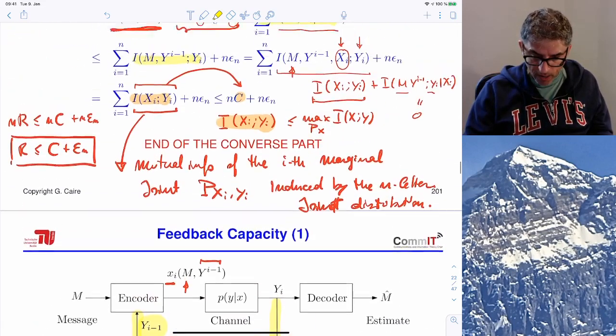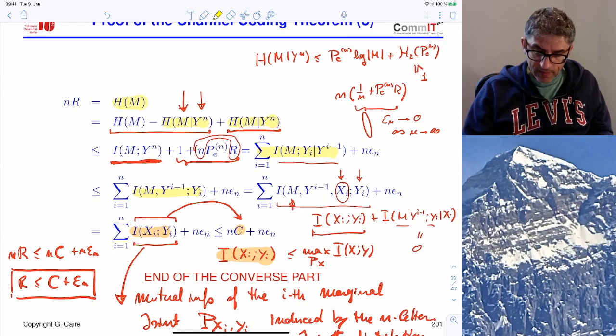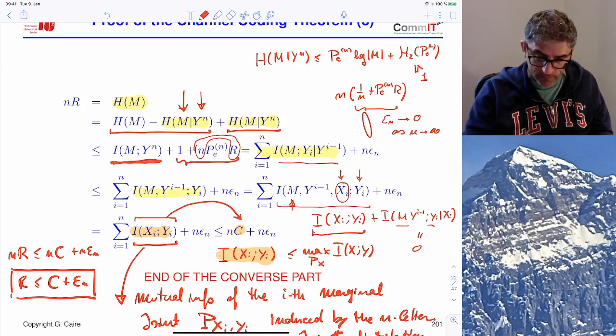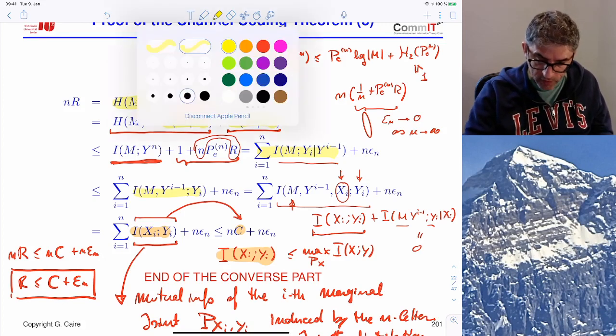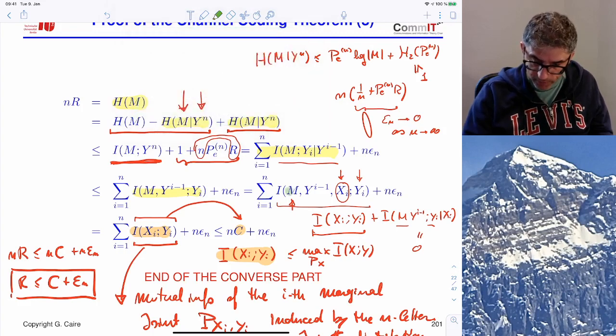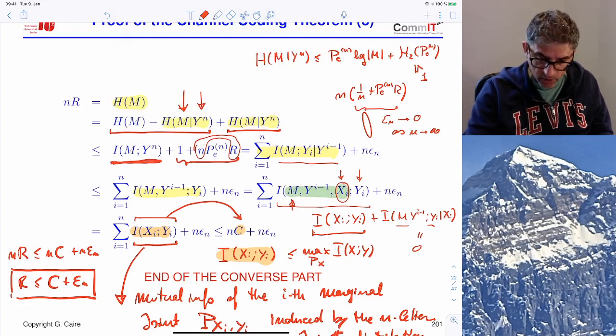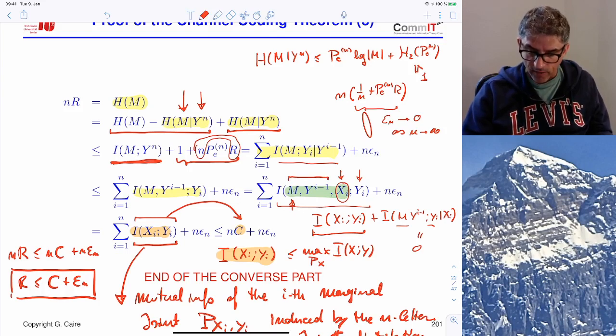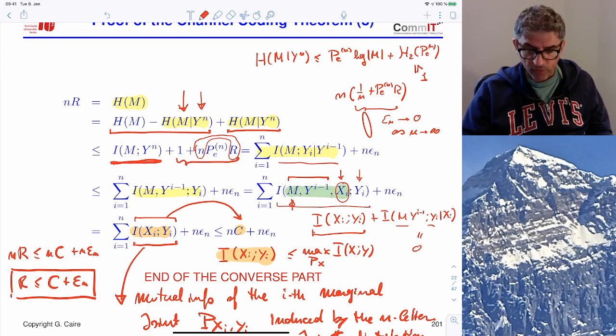If you look at the way I have written here, it turns out that at this point, let me underline this with the color green, at this point, x_i in the feedback case is a function not only of the message, but also the message and the received sequence up to i-1. So this step works also for the case with feedback, and then the last step also works. Okay, so this proof applies to the case with feedback and without feedback.